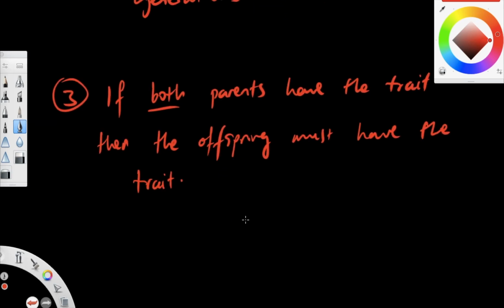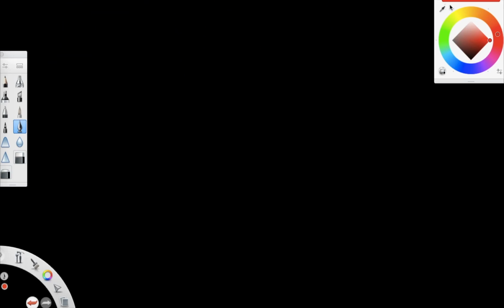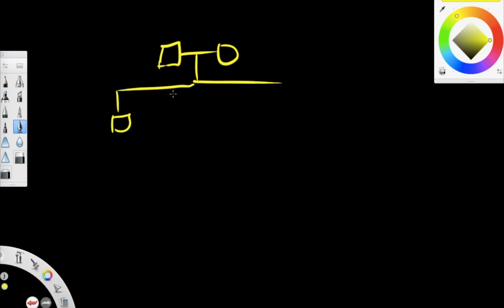Awesome, so that's it. So let's just draw a pedigree as per usual, a really general and simple one, just to illustrate these criteria and why these criteria are the case. Let's just say that is our pedigree, and let's just say this is affected, and let's just leave it like that, right?